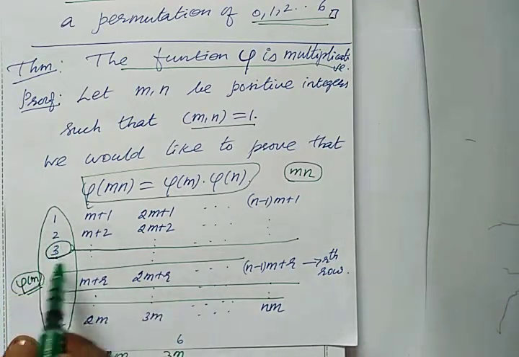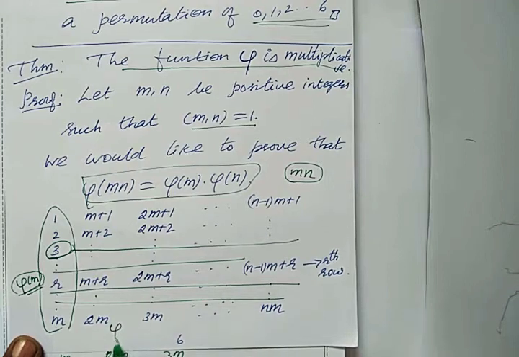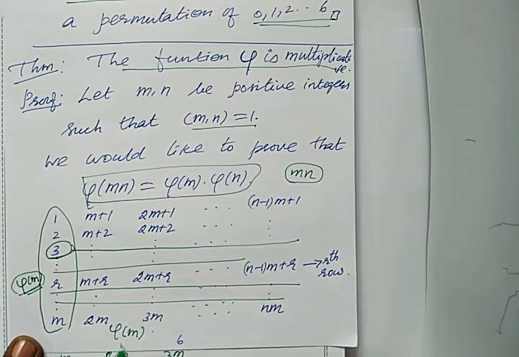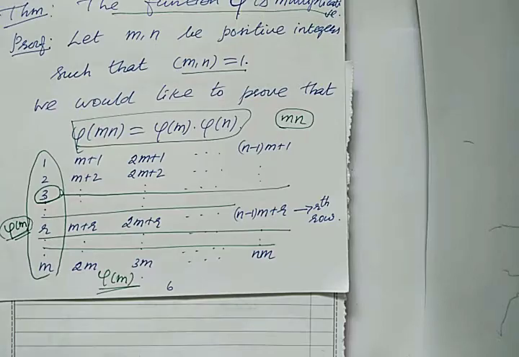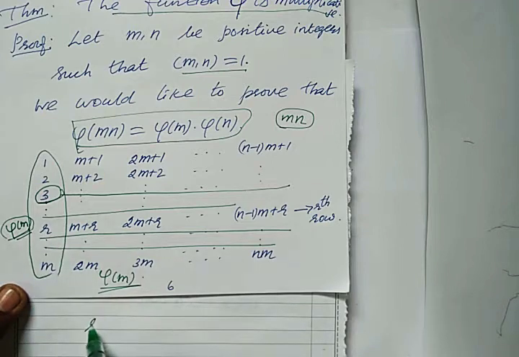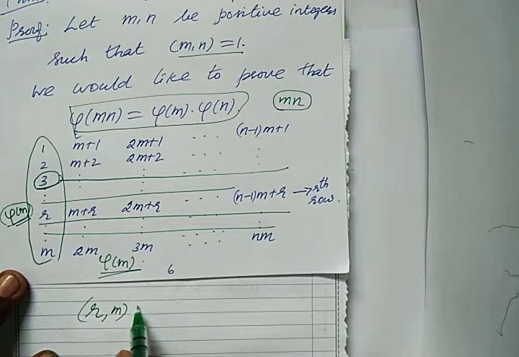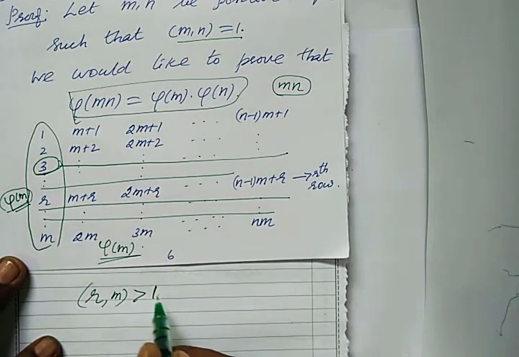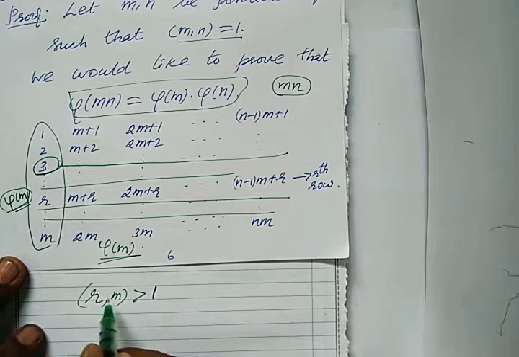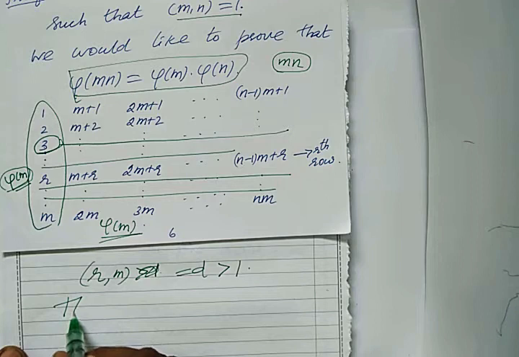So, after striking off those rows, we are left with phi of m rows. Suppose this number r is not relatively prime with m. Then it has a common divisor d which is greater than 1.